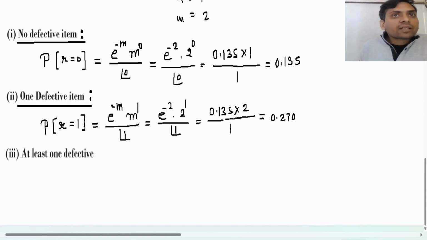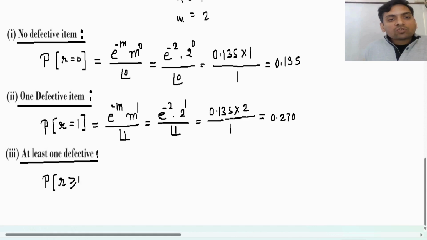At least one defect means कम से कम एक. कम से कम एक का मतलब one भी हो सकता है, two भी हो सकता है, और कहां तक हो सकता है? Up to 100. So this means you need to find the probability up to 100. So for at least one case you will write probability for r greater than or equal to 1.